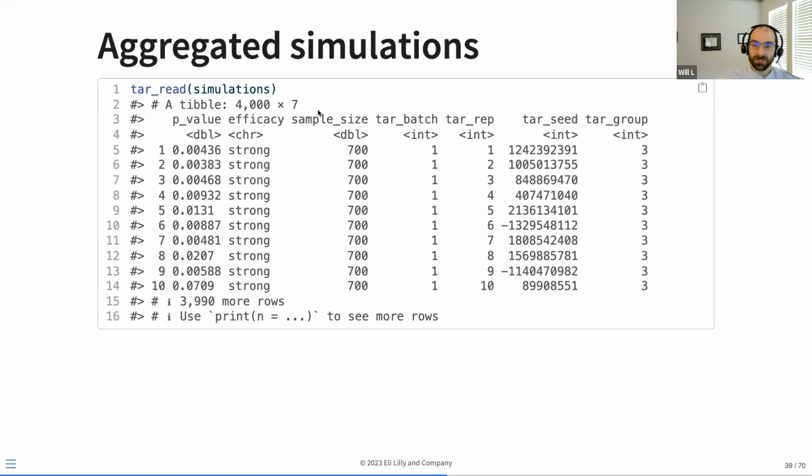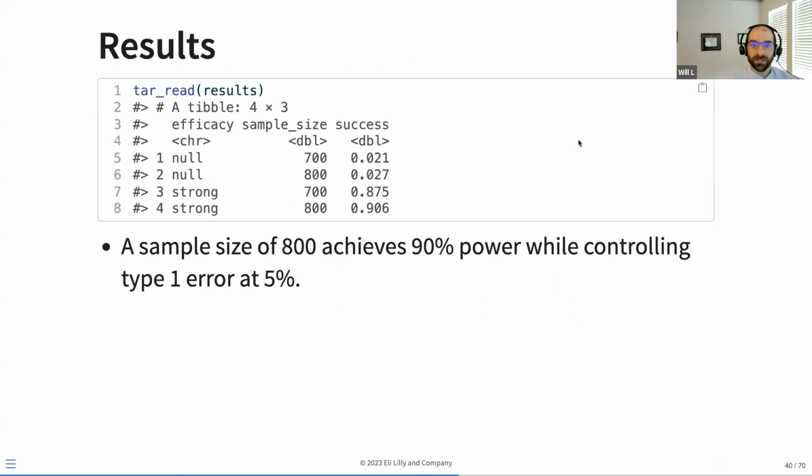Tar map rep function brings those pieces of metadata in nicely. And then you have information on the batching structure, the seed, and there's a nice grouping structure that'll help you do advanced things downstream if you want. You can read the results like usual, and this is what the report shows as well.